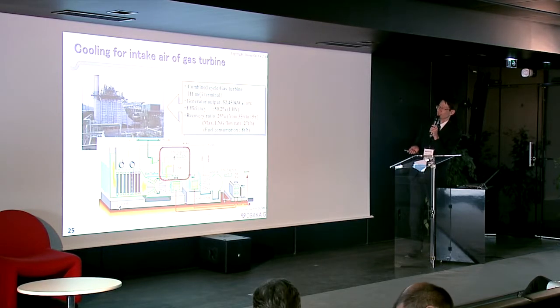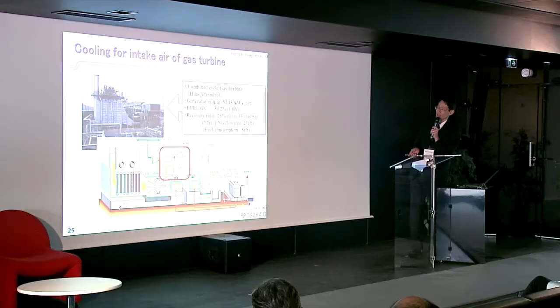This 5 megawatt gas turbine consumes 8 ton per hour of fuel, LNG. But if we decrease the temperature from 35 degrees C to 15 degrees C, we have to utilize 27 ton per hour of LNG. So this system alone cannot balance the vaporizing of the inlet air cooling and the consumption of the gas turbine.